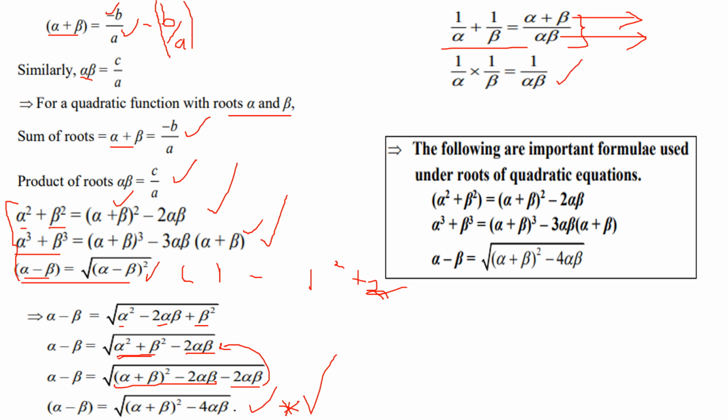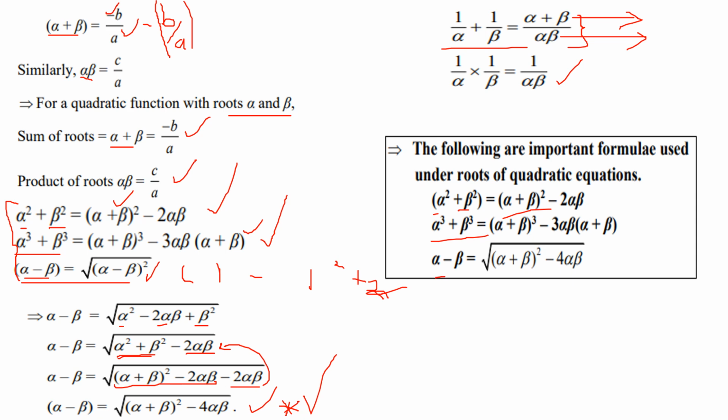And thus we are saying that the following expansions are important in math. Alpha squared plus beta squared is always going to be alpha plus beta squared less 2 alpha beta. Alpha cubed plus beta cubed is always going to be equal to cube bracket of alpha plus beta minus 3 alpha beta into alpha plus beta.